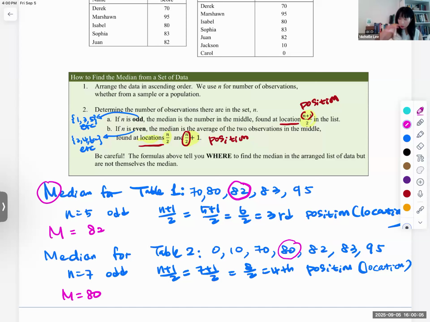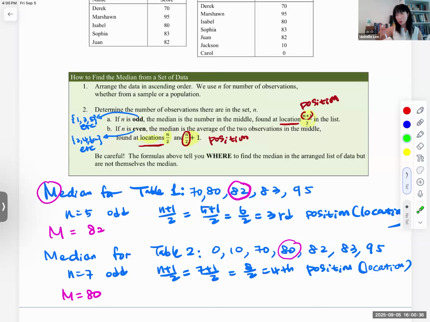Okay, so even though we added very low scores, Jackson 10 and Carol 0, looking at the median, it was not changing much, unlike the mean earlier. The mean for the first one was 80, and for the second one, if we add Jackson 10 and Carol 0, we had 60.